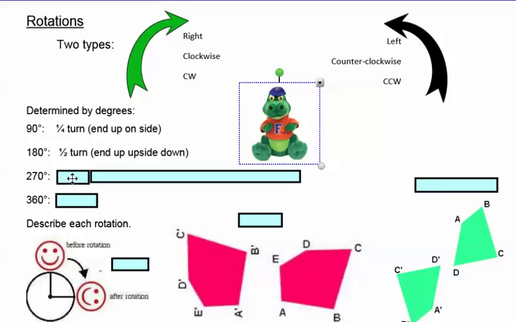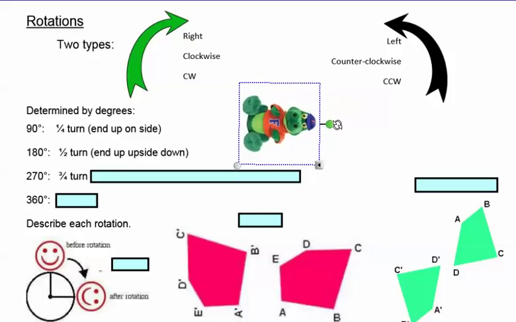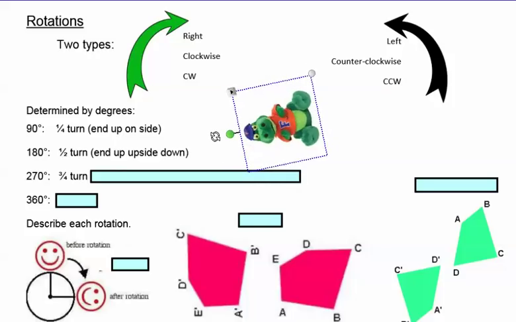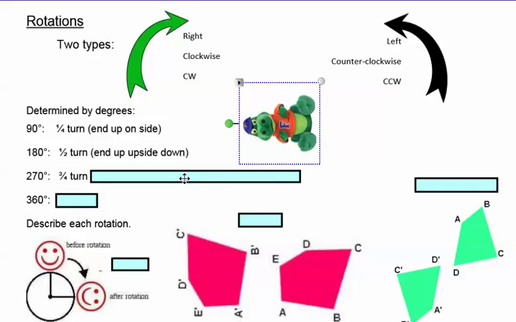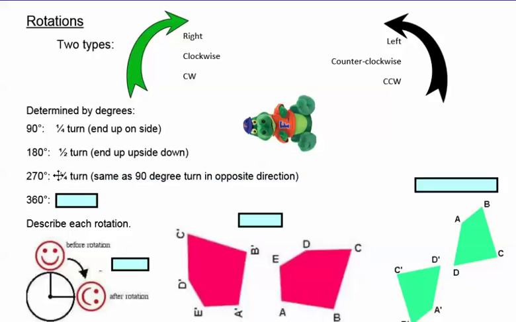A 270 degree rotation is 3/4 of a turn. If we go clockwise, that's a quarter, that's half, that is 3/4. So 270 degrees is the same as a 90 degree turn in the opposite direction. Another way I can do 270 clockwise is to do a 90 degree counterclockwise.